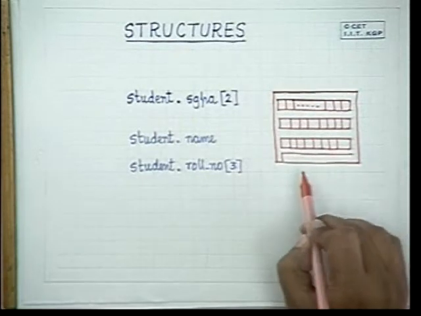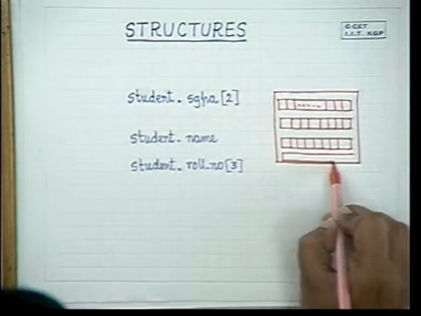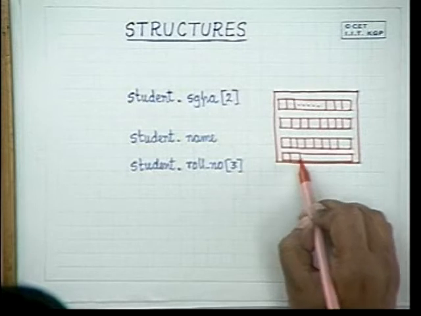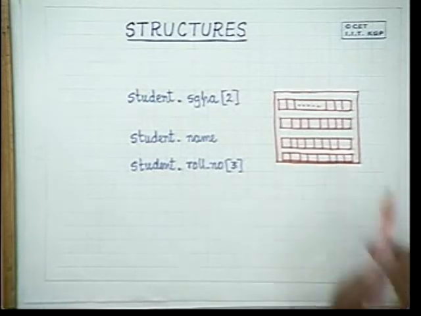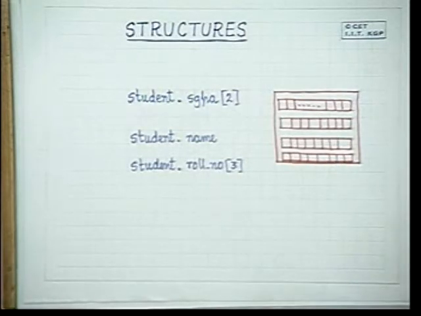Is this visible? You've got SGPA of 8 elements.